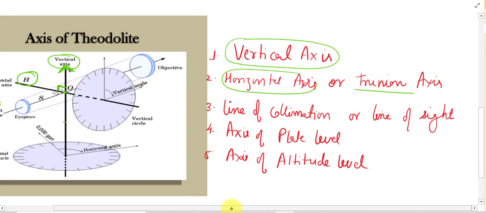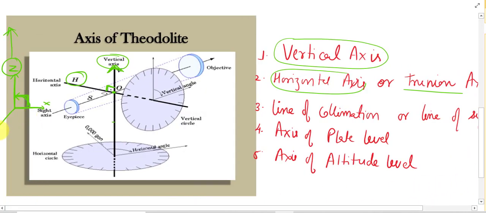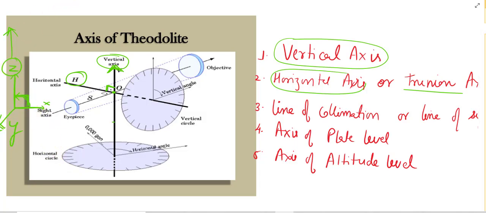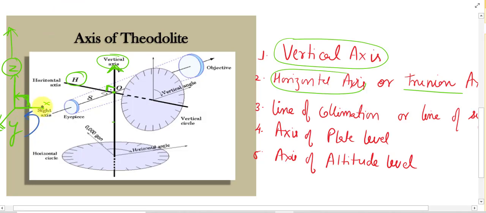I already discussed that we have the x-axis, this is my y-axis, and this is my z-axis. If I rotate my telescope like this in the x and y directions, that is known as rotation. So rotation occurs about the horizontal axis.